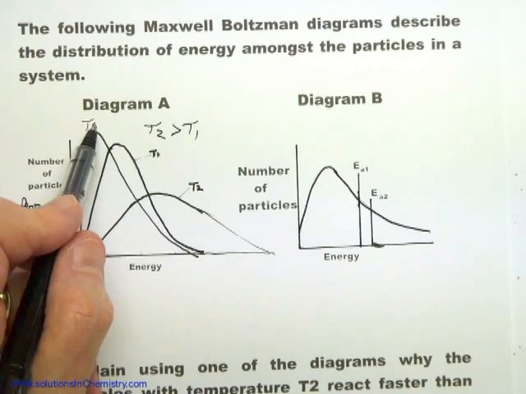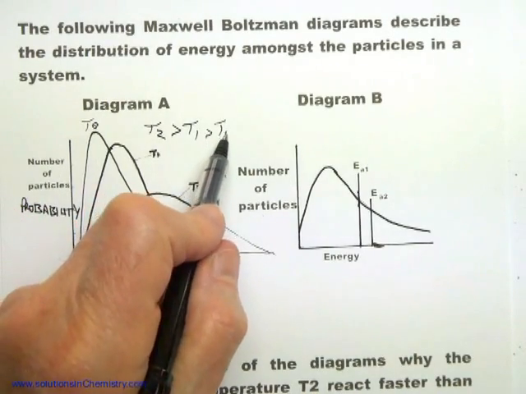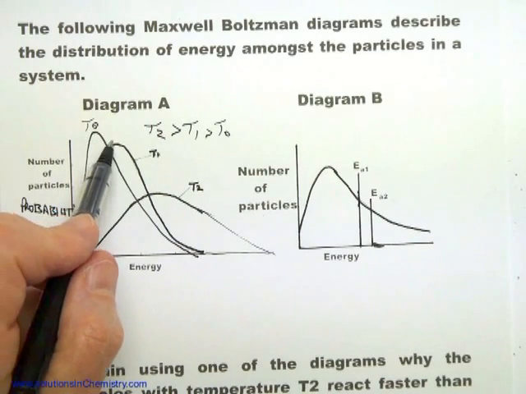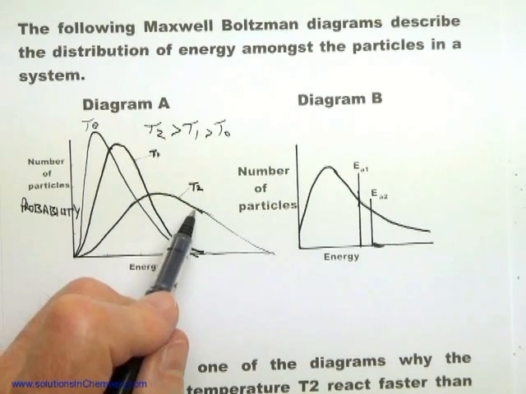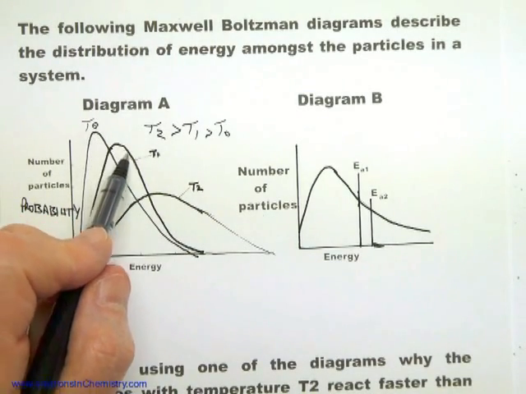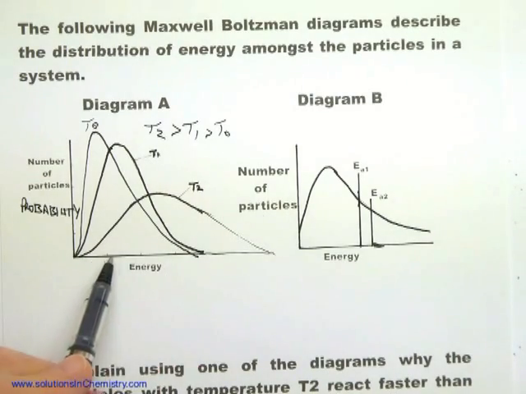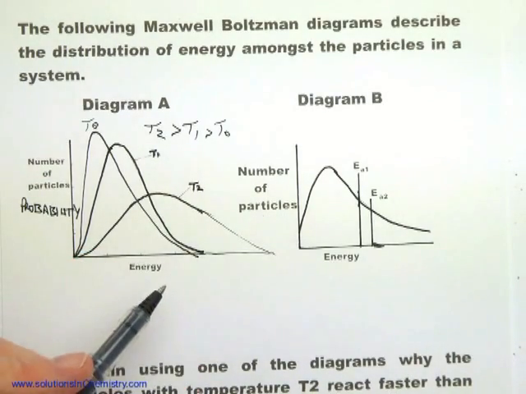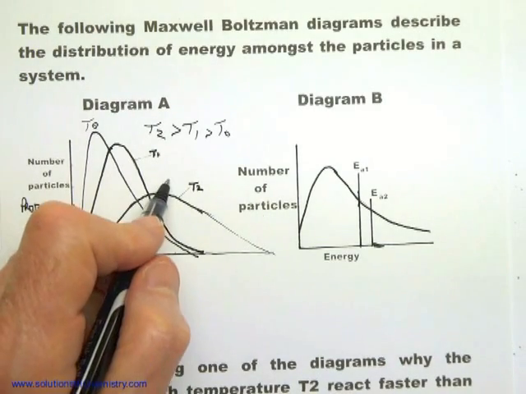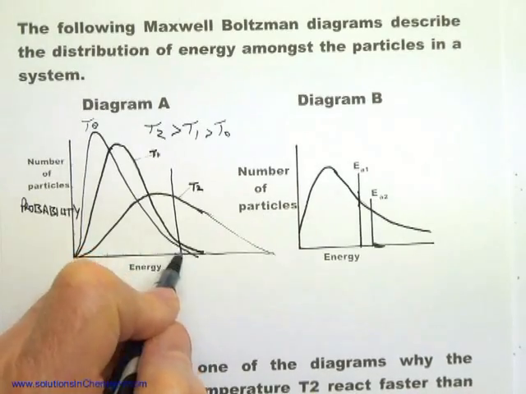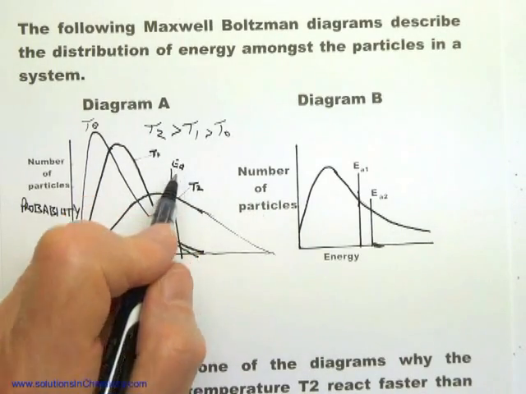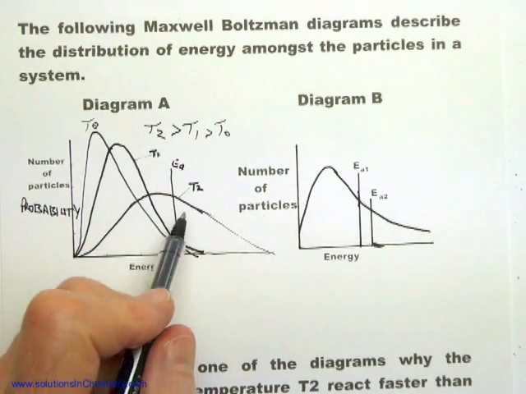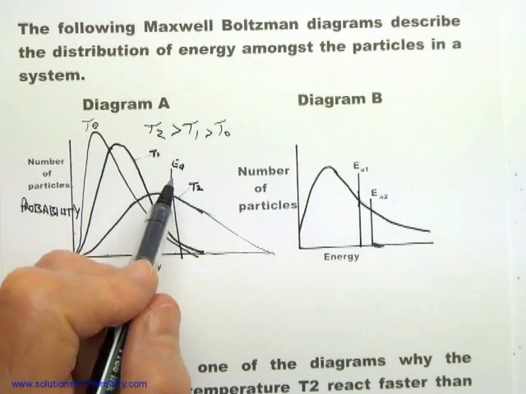For the lower temperature, the peak must be higher than the others and it must be at a lower energy than the others. So that characteristic is very important. Now if you have a reaction with an energy of activation EA, the EA is fixed for the reaction. Therefore, when you change the temperature, the EA remains the same.